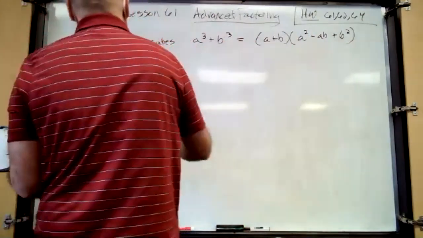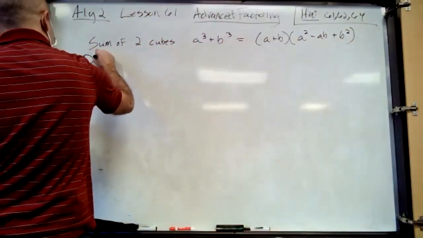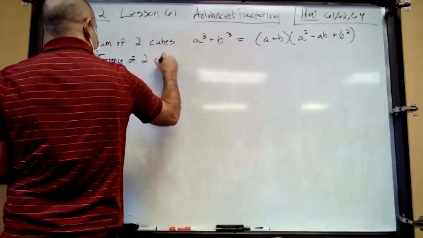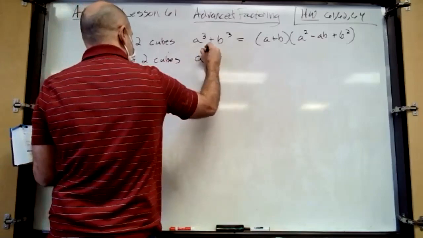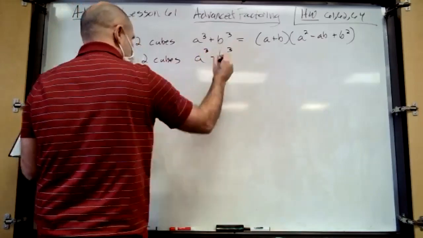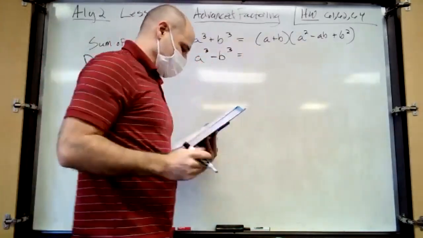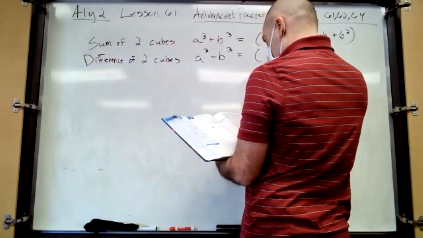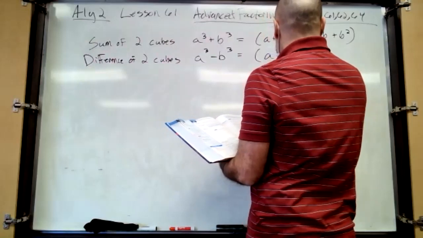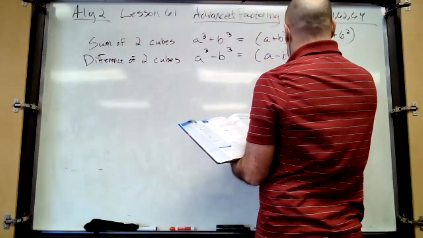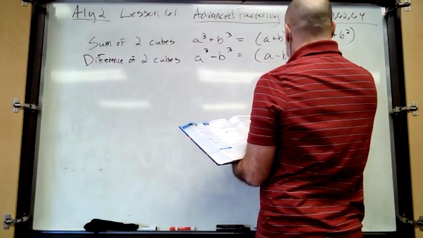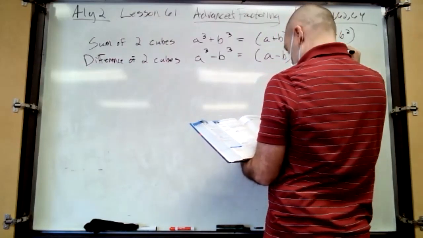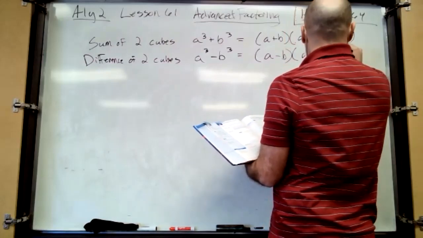Now if I wanted to do a difference of 2 cubes, in other words, a cubed minus b cubed, it looks like this. A minus b on the outside, and then you've got an a squared plus ab plus b squared.